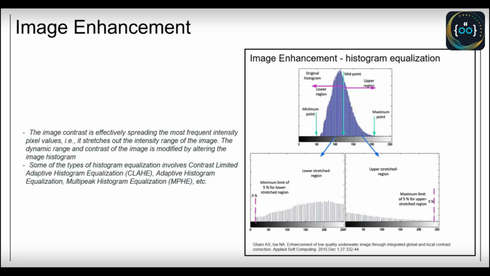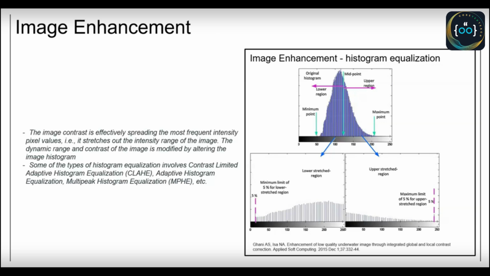It operates by effectively spreading out the most frequent intensity values, or stretching out the intensity range of the image. The idea of histogram equalization is to map the original distribution of pixel intensities to a uniform distribution so that each intensity value is equally probable.